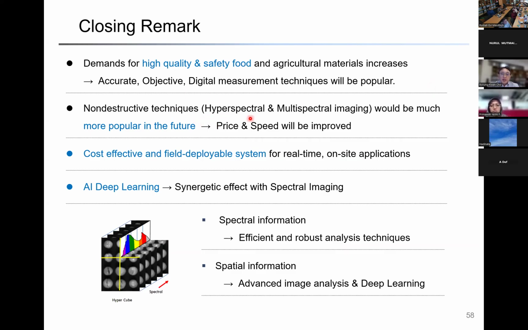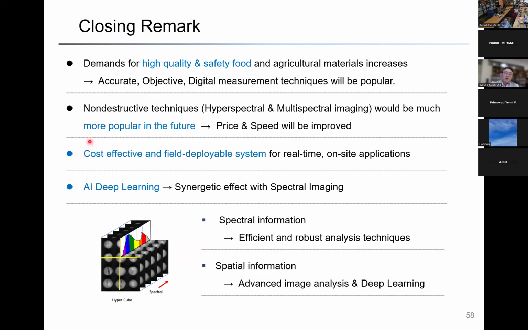And non-destructive measurement, hyperspectral and multispectral imaging will be much more popular in the future, and the price and the measurement speed are going to be improved. And my concern is how to make cost-effective and field-deployable system development for real-time and on-site application. That is what I'm concerned about now.